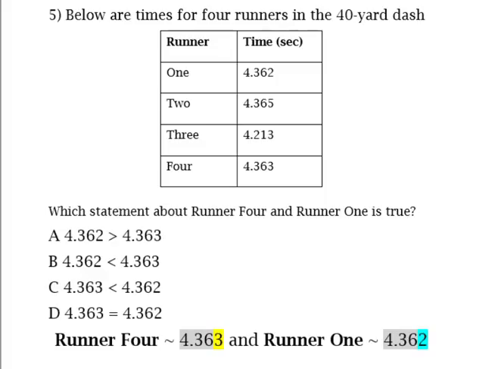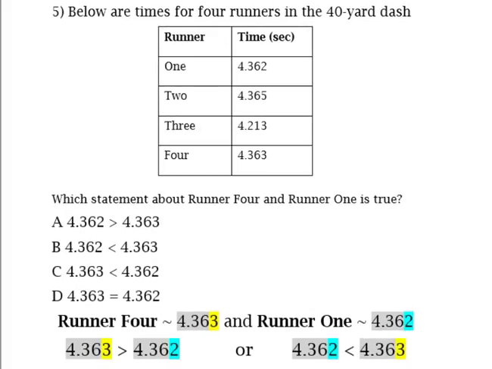This is kind of similar to what we did before, so instead of going through all of the questions, let's just focus on runner 4's time, which is 4.363, and also runner 1's time, which is 4.362. Looking at our answer choices, which statement about runner 4 and runner 1 is true?